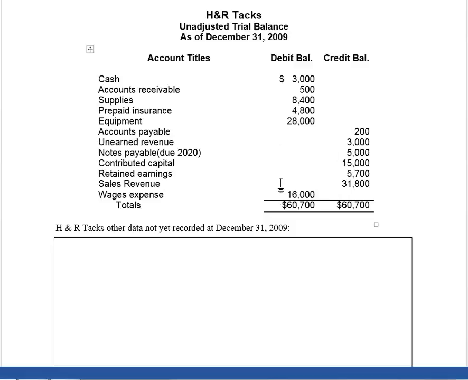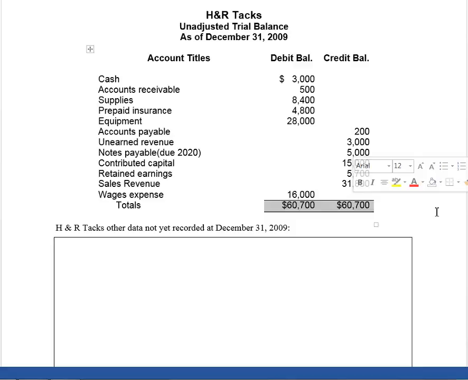When we look at the balances in each of these accounts as a result of the activity for the period, we have net debit and net credit balances in each of the accounts. Our trial balance at this point balances to $60,700.